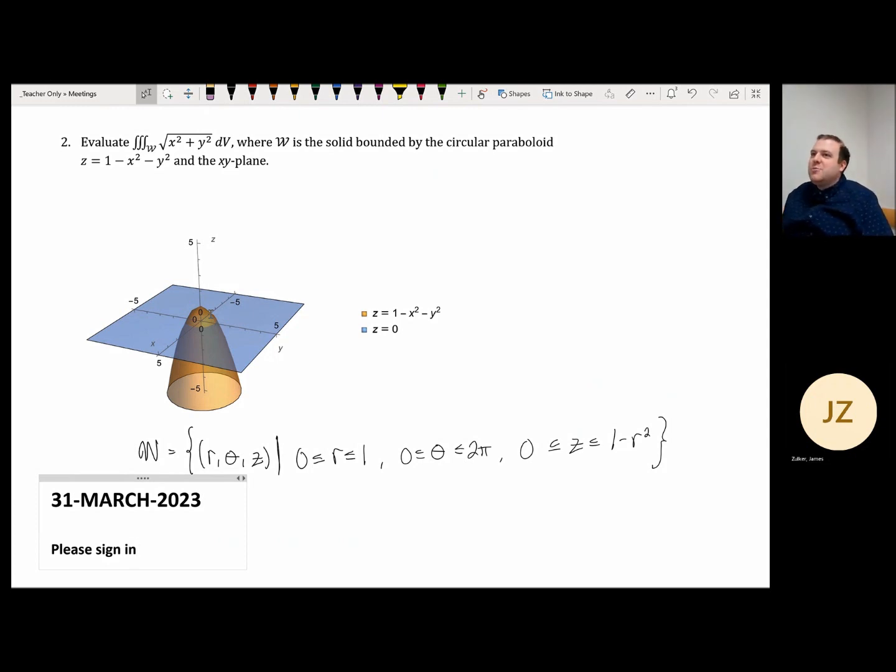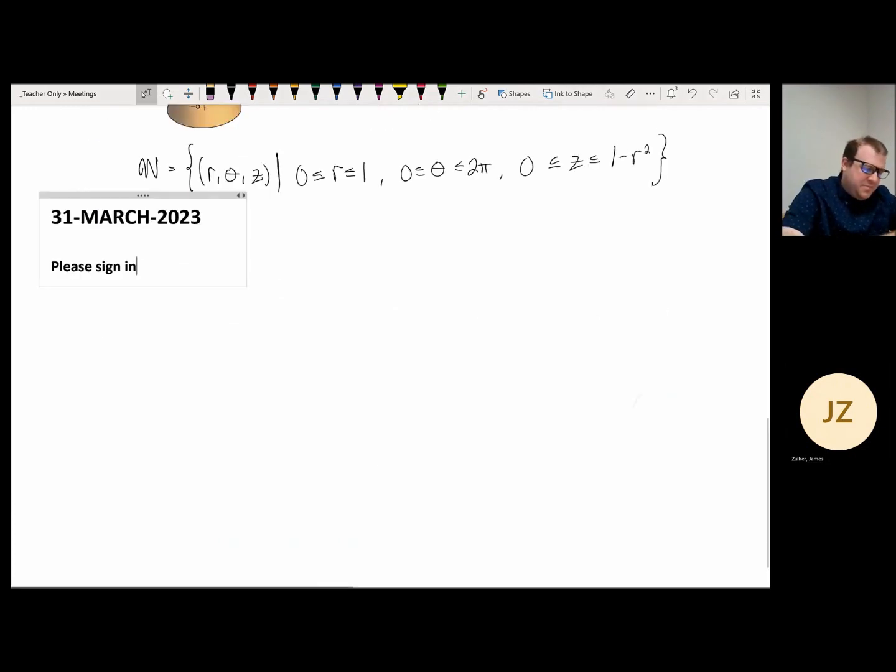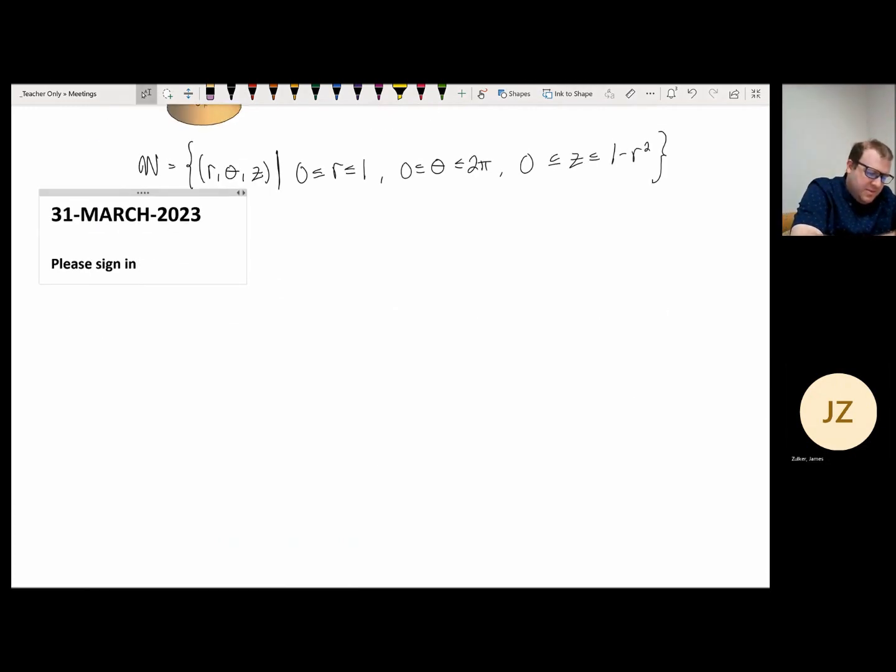So we decided that cylindrical would be the best, and we just described the region in cylindrical coordinates before we ran out of time. It was square root of x squared plus y squared, right?